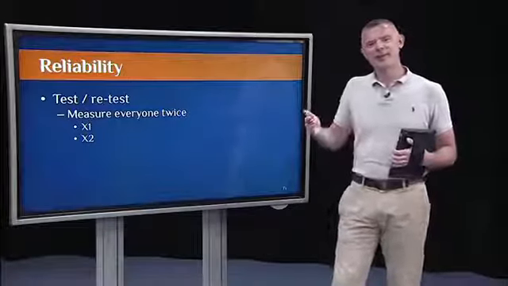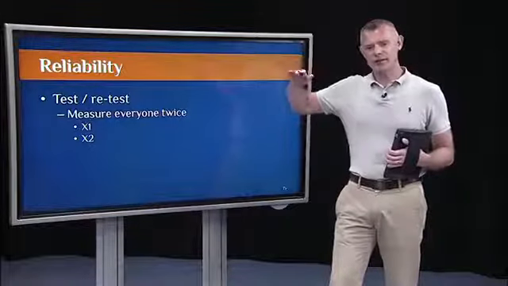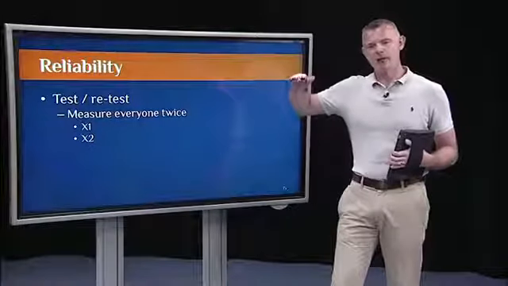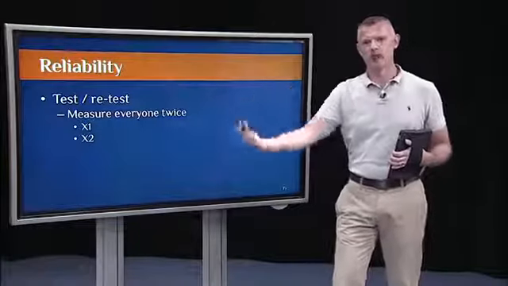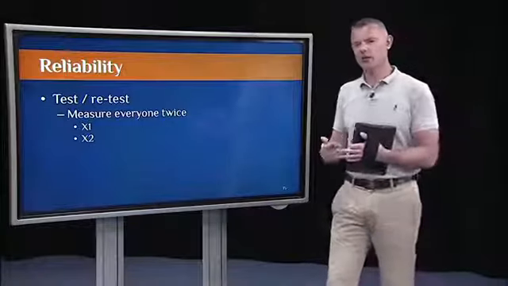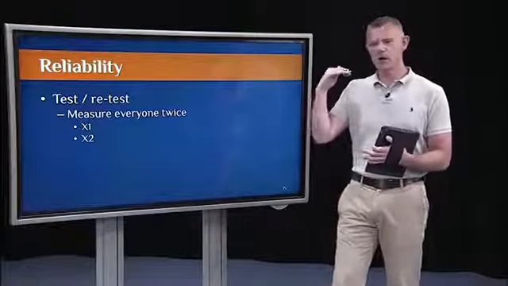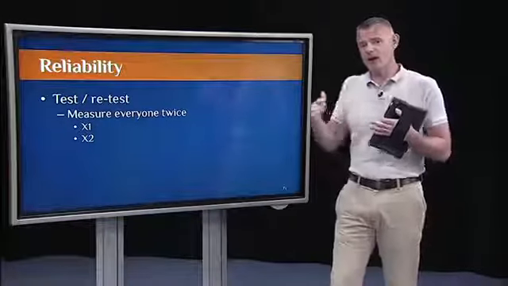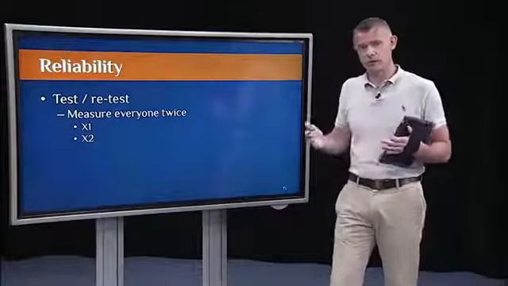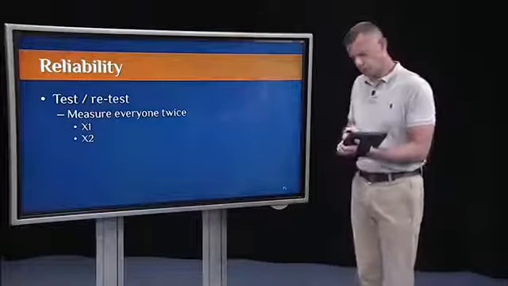So the reliability estimate is actually the ceiling for the magnitude of correlation you could ever find with some other construct or some other measure. So that's why it's so critical to have strong, high reliability estimates, because they limit how high your correlations can go as you do correlational studies.